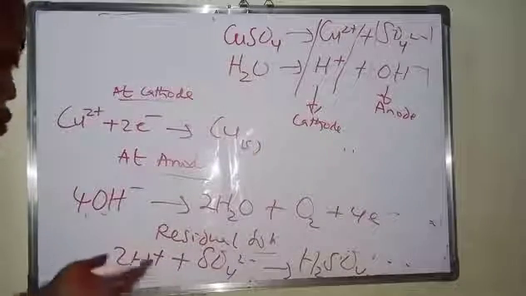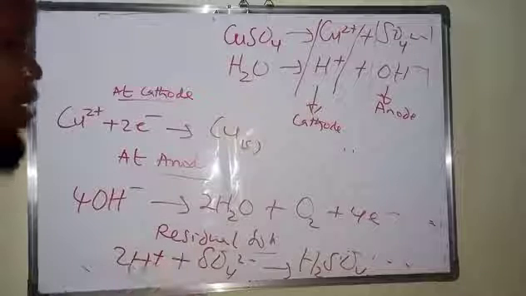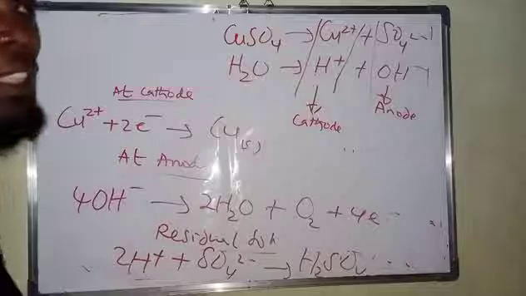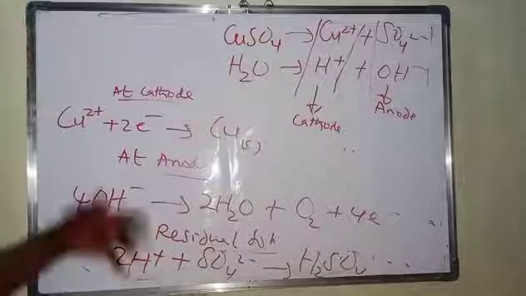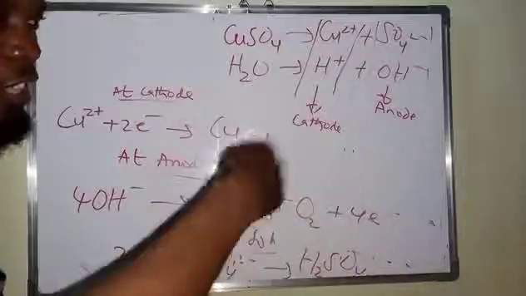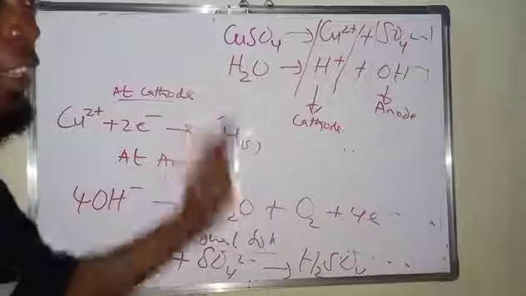What we have in the solution will just be the hydrogen ion and the sulfate ion, and they don't impart blue coloration. So we can say clear in this case. But if the question says in the course of the electrolysis, what is the nature of the solution? Then definitely it will be getting from deep to pale.